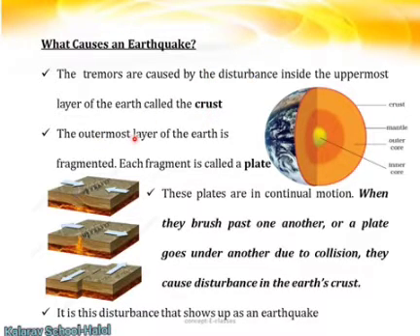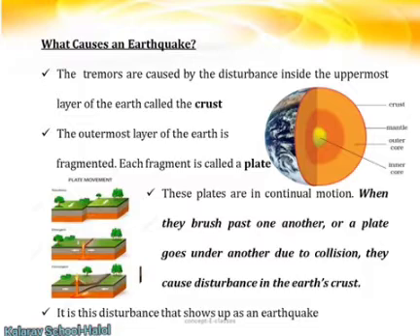Now the outermost layer of the earth, that is the crust, is fragmented, and each fragment is called a plate. Now these plates are in continual motion, that is, they are not stationary, they keep on moving, and when they brush past one another or a plate goes under another due to collision, they cause disturbance in the earth's crust.